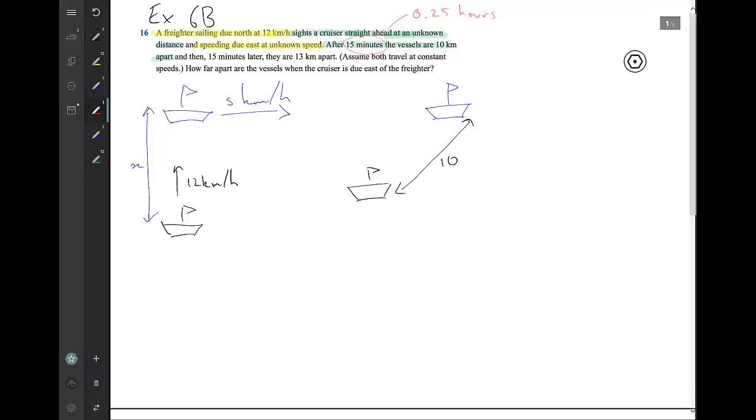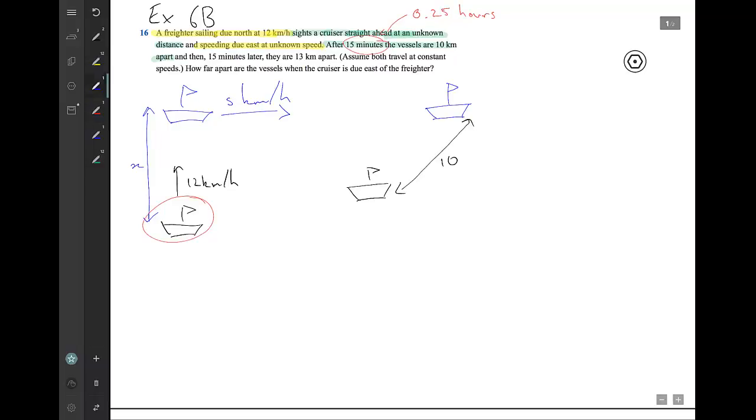So that makes life a little bit easier for us, because we know that in a quarter of an hour, this ship here would have sailed 3 kilometers upwards. How do we know that? Well, if it's going at 12 kilometers an hour for a quarter of an hour, that's 3 kilometers.